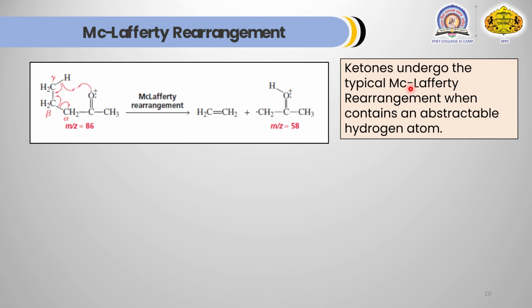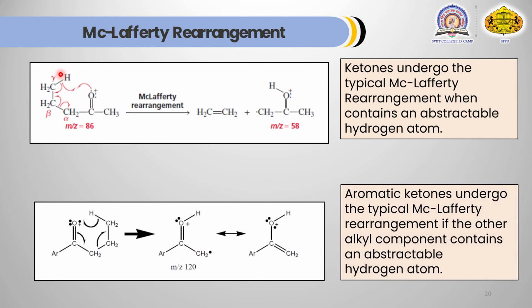Ketones undergo typical McLafferty rearrangement when they contain an abstractable hydrogen atom. This is the hydrogen atom that can be abstracted. Now this is an example of an aromatic ketone. Again, there is alpha, beta, gamma. Gamma hydrogen is present. Movement of the gamma hydrogen from the gamma carbon to oxygen takes place, and this is the fragment obtained.